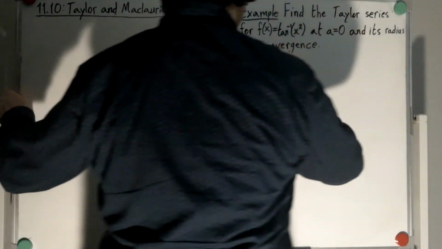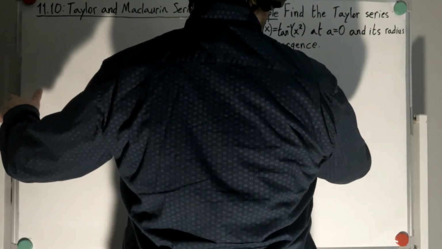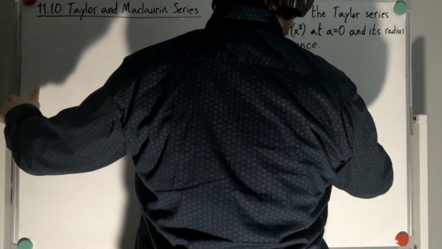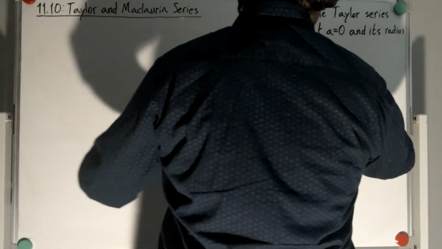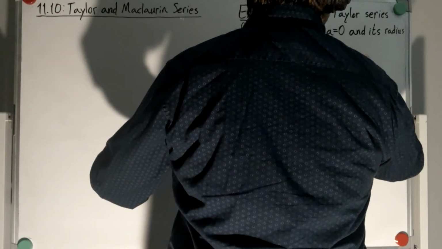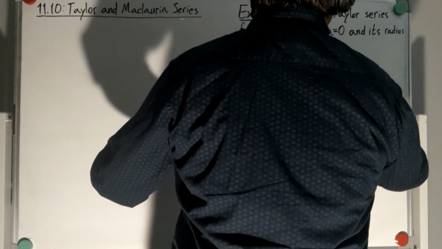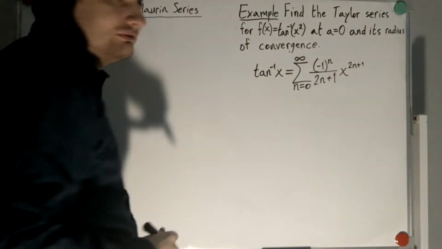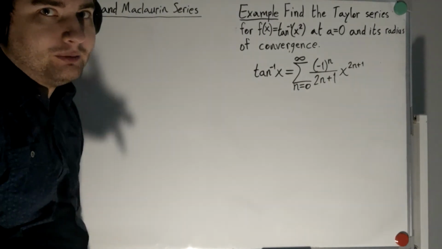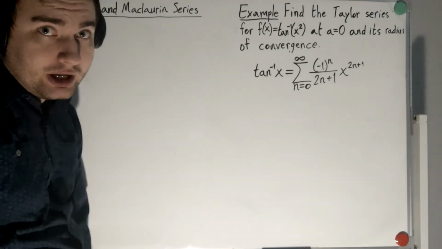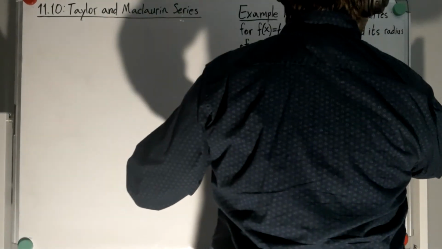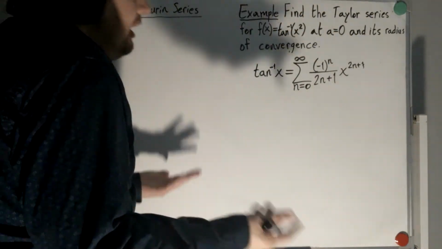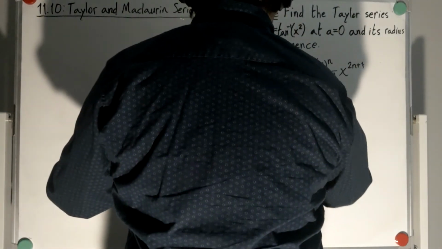We already know that the arctangent of x is the sum from n equals 0 to infinity of negative 1 to the n divided by 2n plus 1 times x to the 2n plus 1. I wrote it with k's before, but it doesn't make a difference, right? It's just a name for the index. So if you want the arctangent of x squared, you just replace the x with an x squared.